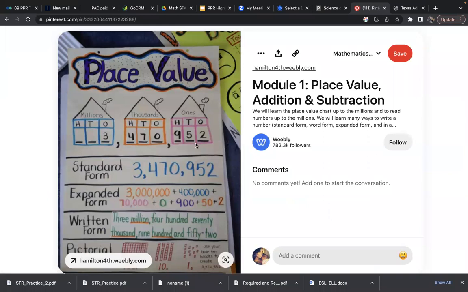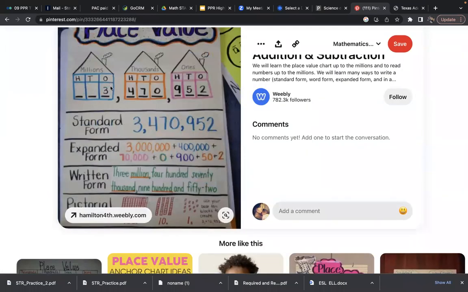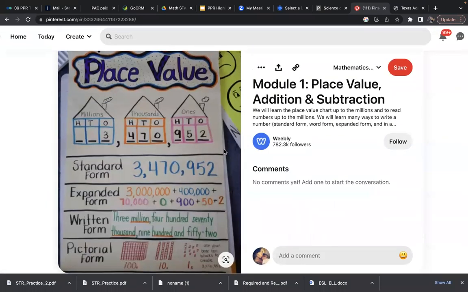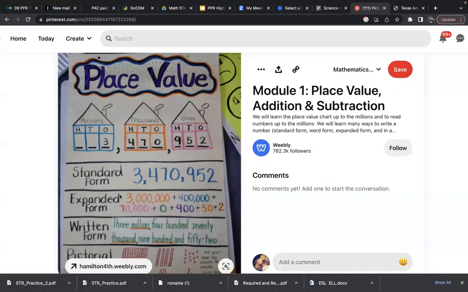I like this way. But just looking at this, I can already tell you that this is not for third graders, because look, they're working with 3 million, and ours went through 100,000s place value for third grade.